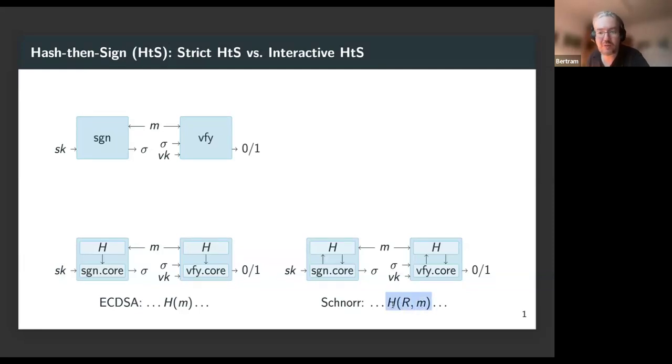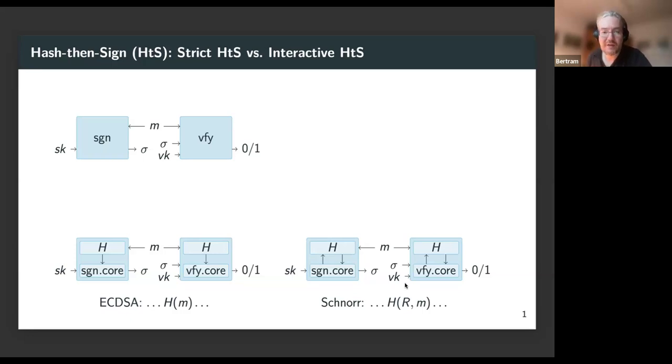H will still be SHA-2 or SHA-3 or something, but I have r, m. That means there is an added arrow up that we didn't have on the left-hand side. The signing core contributes some value to the hashing, then the message goes into the hashing, and then this goes back to the signing core. So these are the two major classes, and I guess effectively this will cover 95% of all signatures that we have out there. So H of m, that's the strict case; H of something, m, maybe then again some technical information, that would be the interactive case.